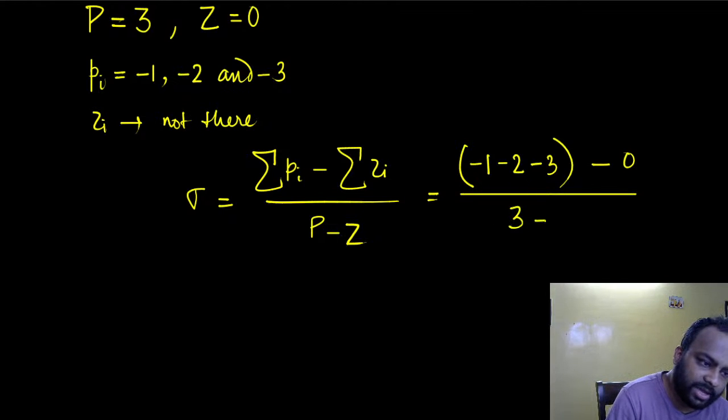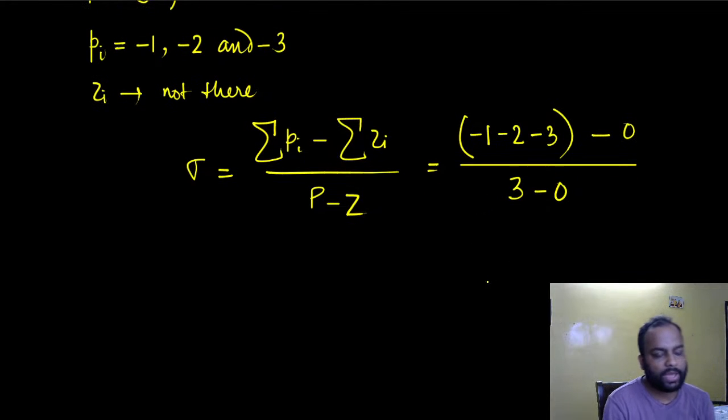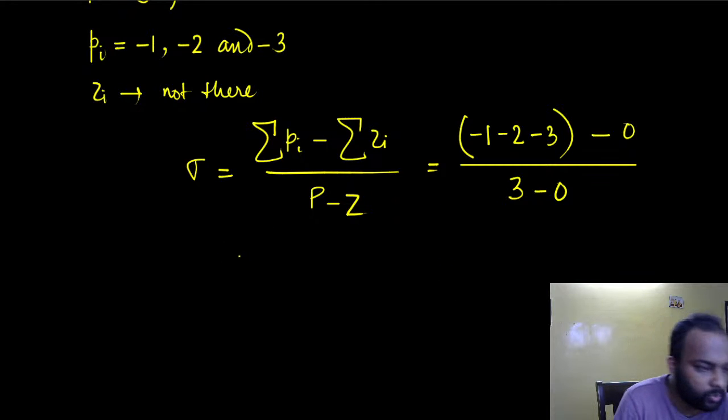So that's going to be 3 minus 0. Now if you calculate this, it becomes -6 divided by 3, which gives you -2. So that is the location of the centroid.